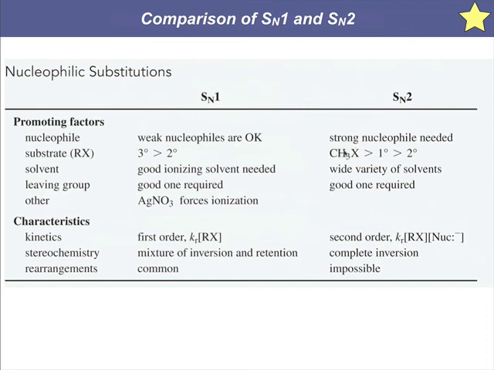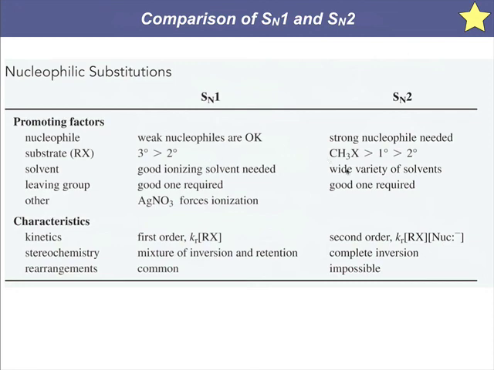SN2 works on methyl, primary, and a little bit of secondary. Secondary will work as long as our nucleophile is small enough. With SN1, we can get away with tertiary, and secondary works as well. Solvent for SN1, we need a good ionizing solvent. We need something to help promote that first step where the leaving group leaves on its own and we generate a cation.